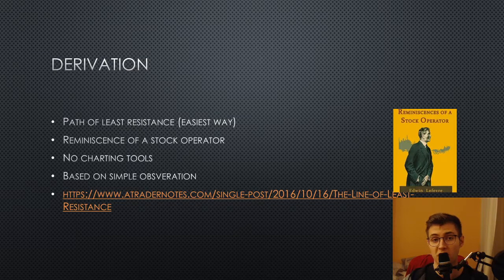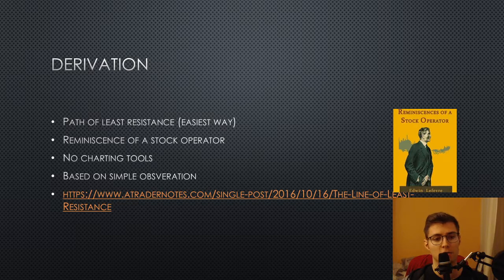He had price. That's basically the only information he was privy to, and by viewing price and how often a certain price level was hit, he knew at which level the line of least resistance was. And down here you have the link to an article where this is discussed a bit closer.